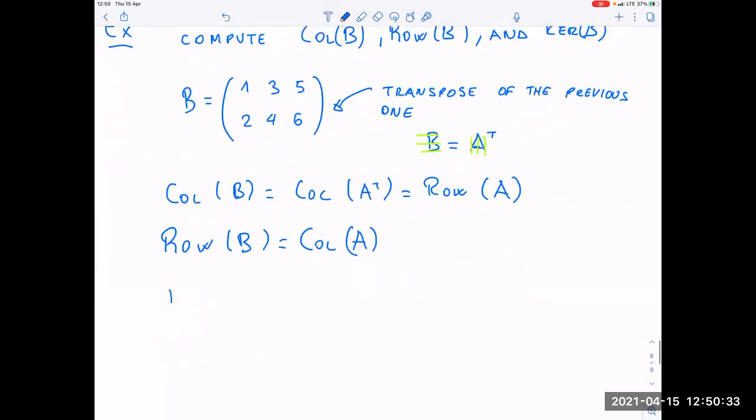However, about the kernel of B, well, this is different because a matrix and its transpose are not row equivalent. So you need to compute this. You need to solve the system Bx equals 0.